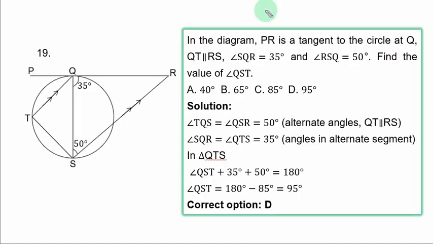Question 19. In the diagram, PQR is a tangent to the circle at point Q. QT is parallel to RS, angle SQR is equal to 35 degrees, and angle PQT is 50 degrees.